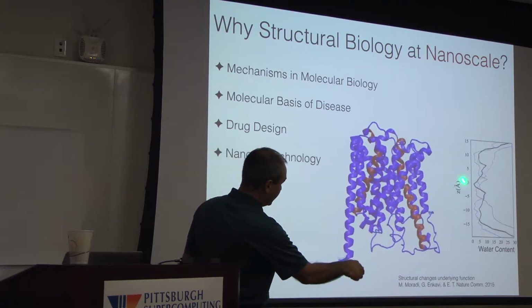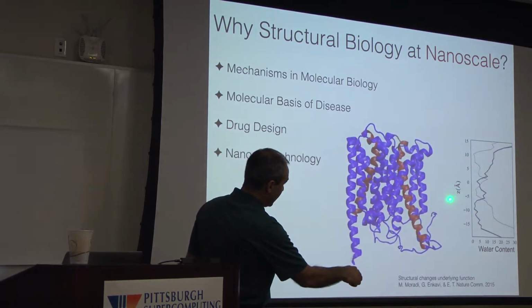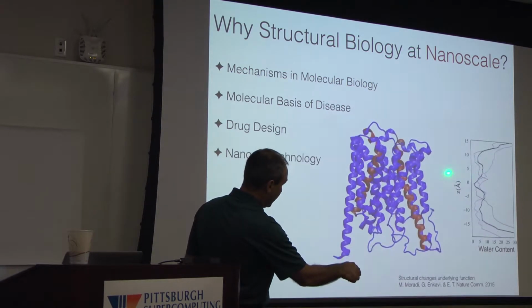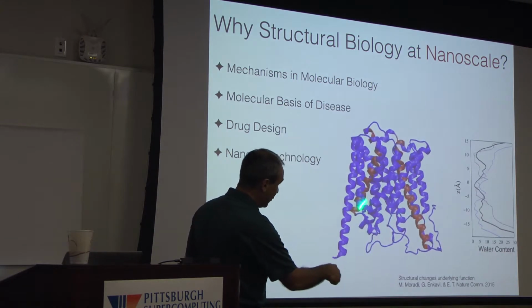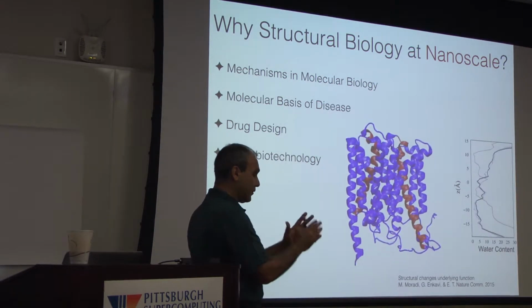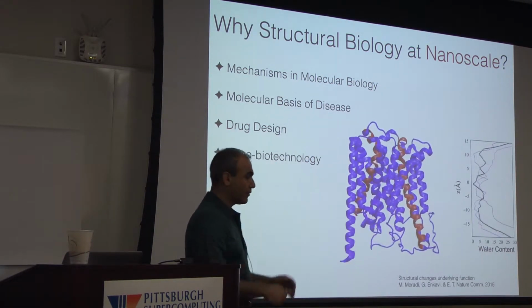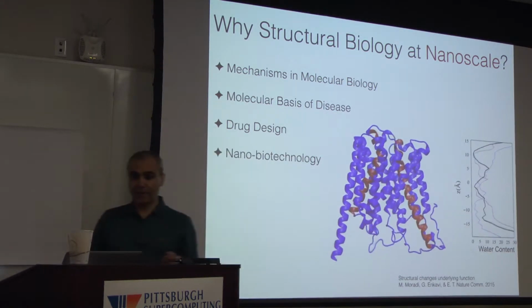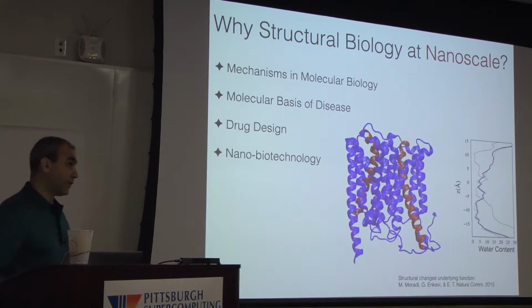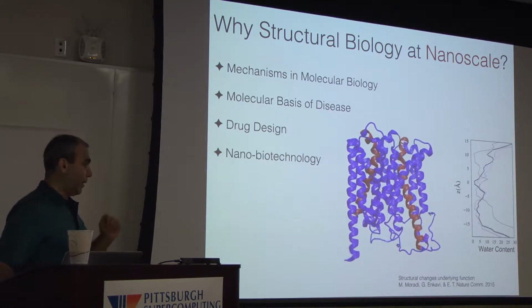The water in this half empties, and then the water in this half increases, meaning that you're opening. That's a surrogate for the size of the lumen height changes as it goes through the alternating access mechanism, which is necessary for transporters to pump against the gradient.